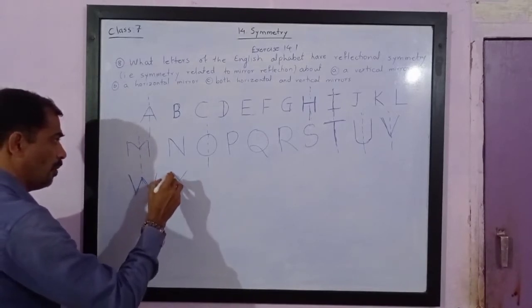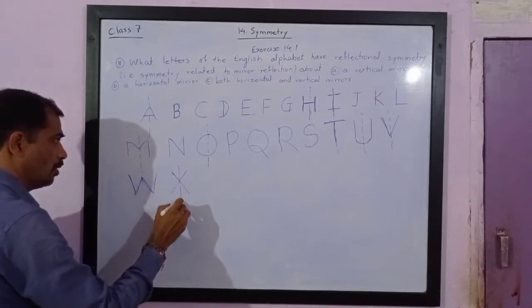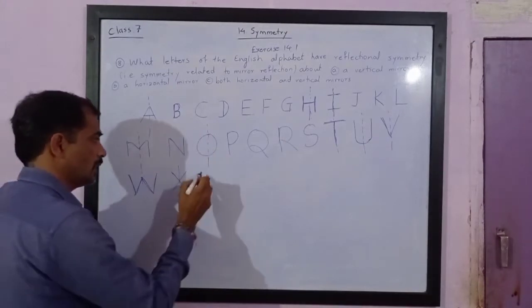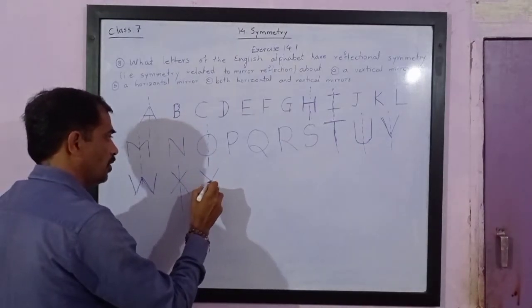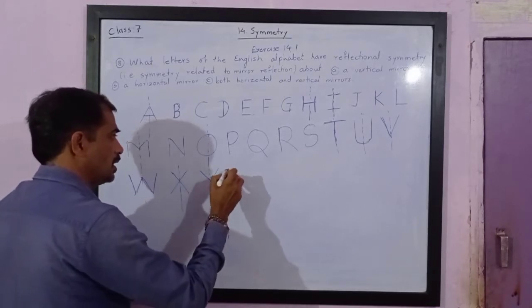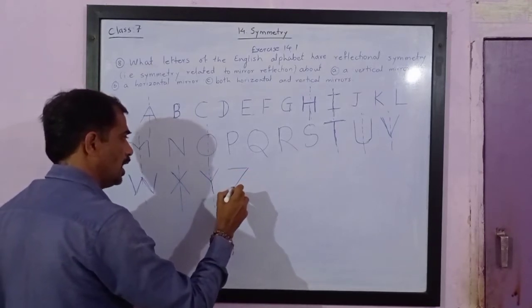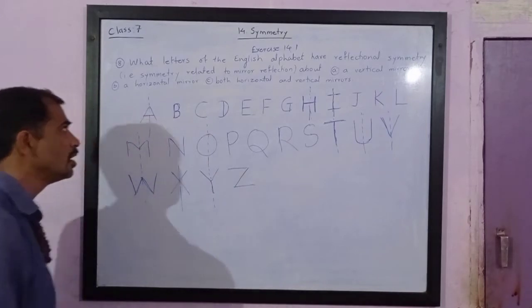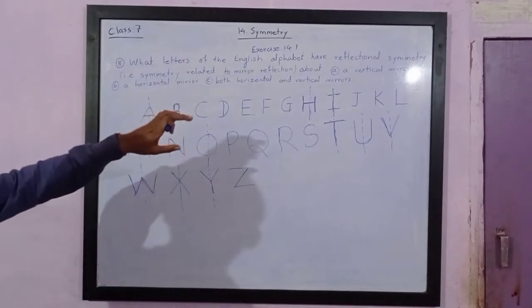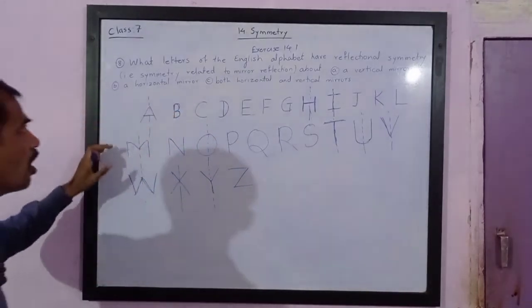Next is alphabet X. Vertical symmetry exists. For capital Y, if it is written like this, you will see that vertical symmetry exists, and for Z it does not exist. So vertical symmetry exists for the following.